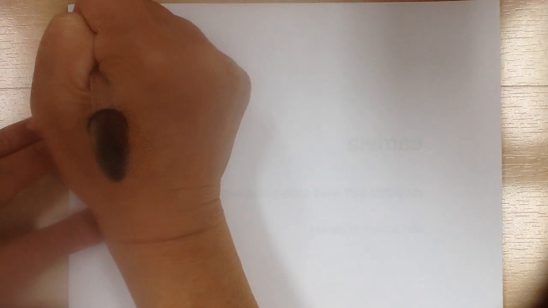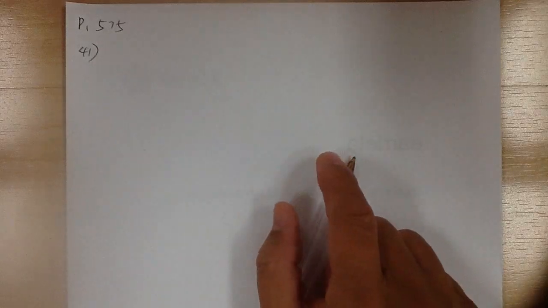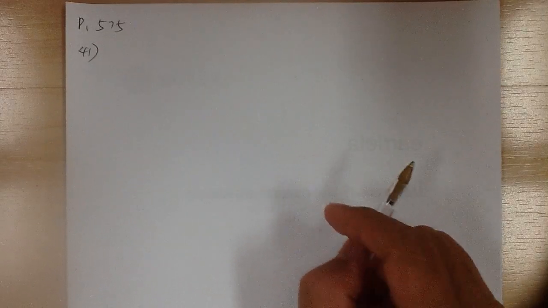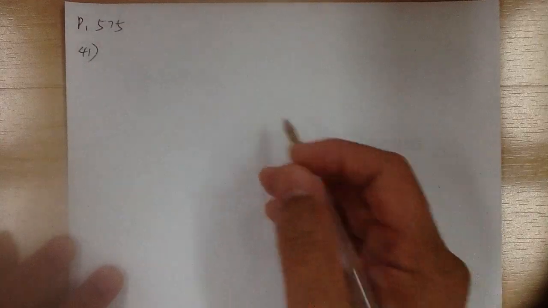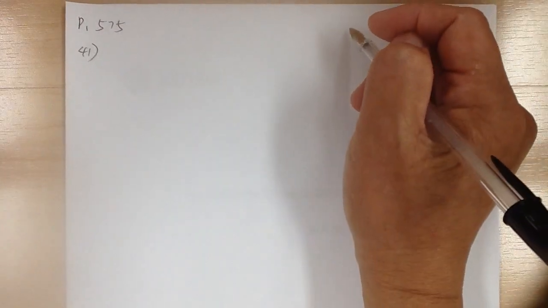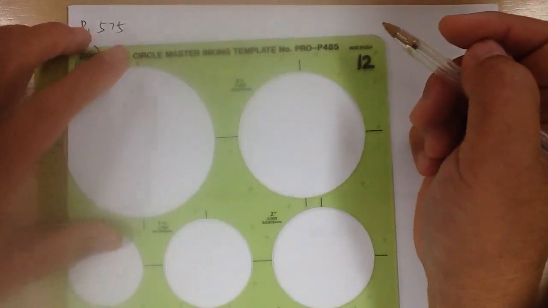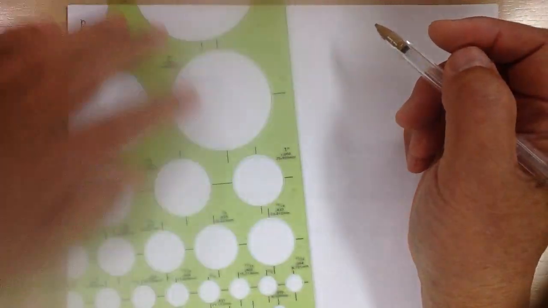Okay, number 41. So this one you're looking for the area of a sector. Okay, so now when you have a circle, so I'm just gonna review a little bit.